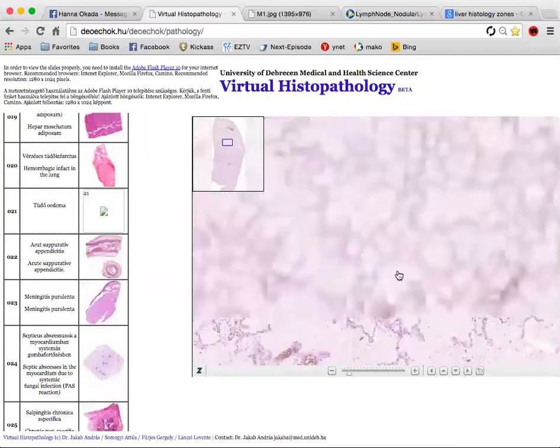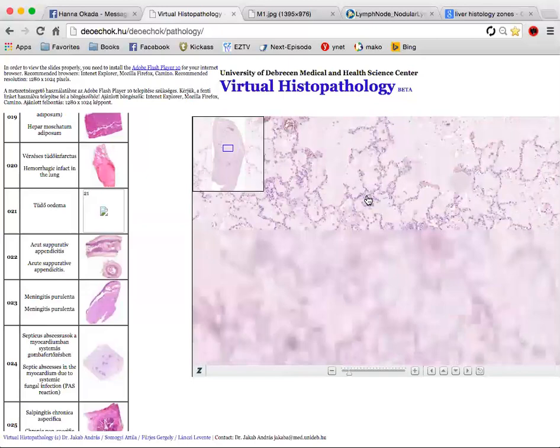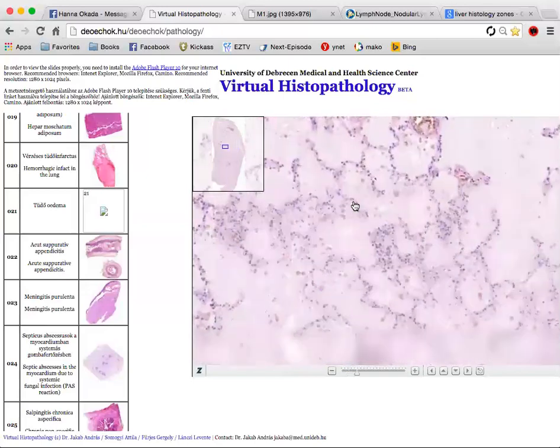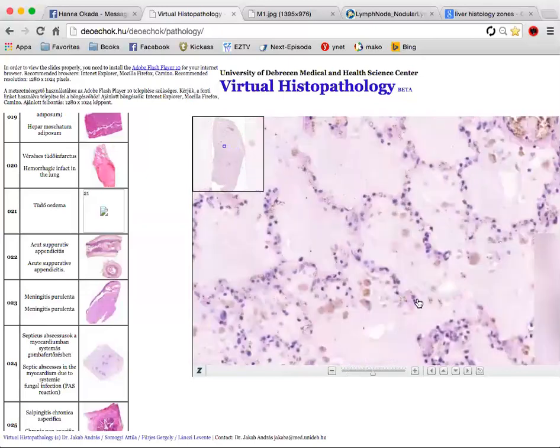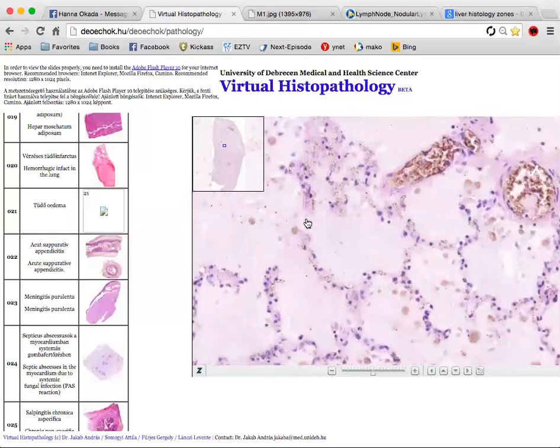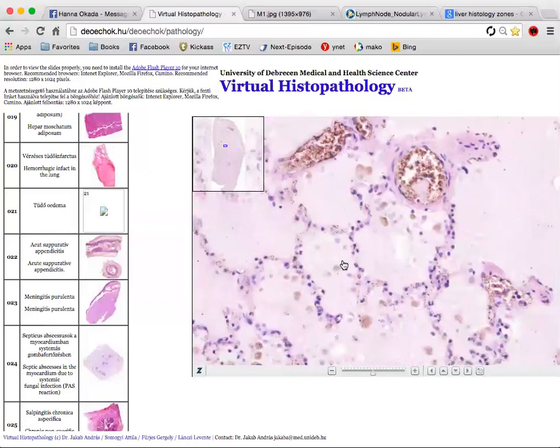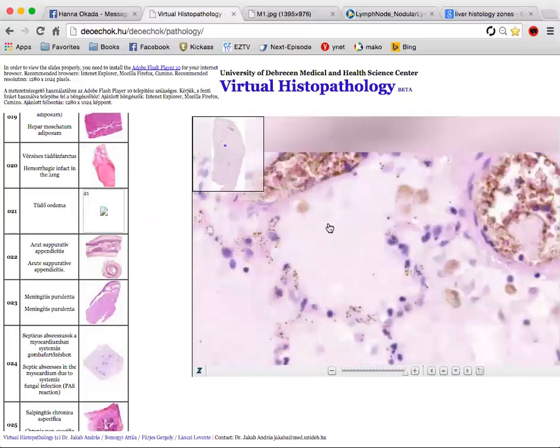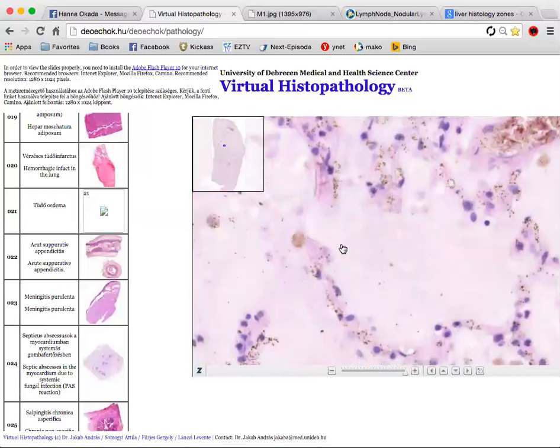And what you can see is, instead of the alveolar spaces being clear, you can see the slightly staining substance. This is transudate, and transudate is a lot like plasma. So not a lot of protein, but more liquid. This is just filling the alveolar spaces. So this area is not capable of performing gas exchange.